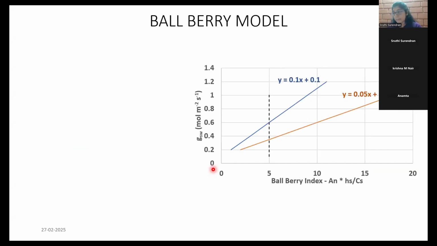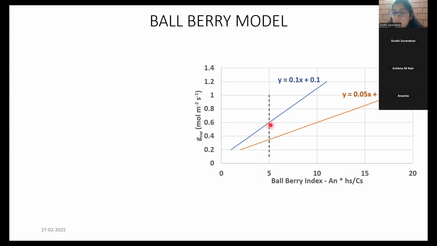Now, what does the slope give? What information does this slope give? Suppose Hs by Cs is constant and equal to 1, and An is the only value that is varying. Then at a value of 5 micromoles per meter square per second, this line has lesser stomatal conductance than this line.